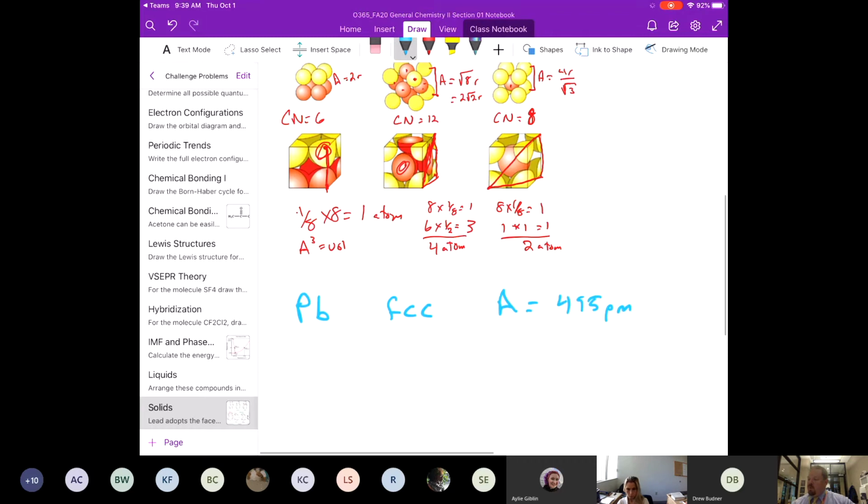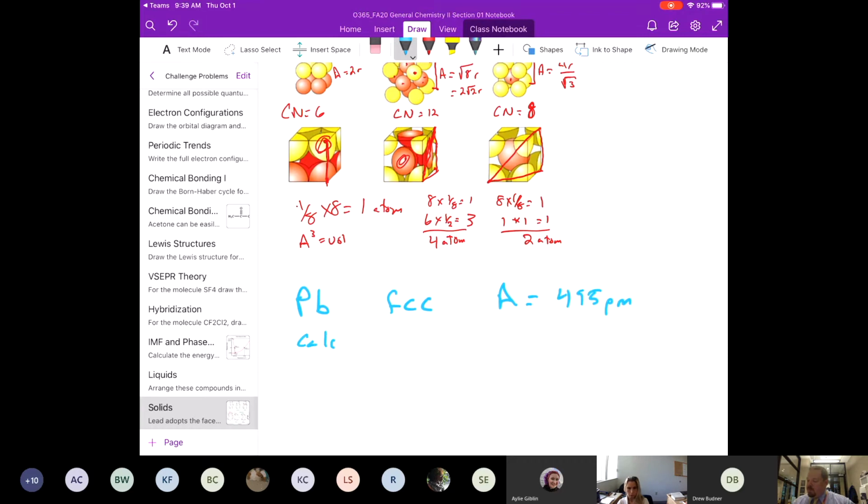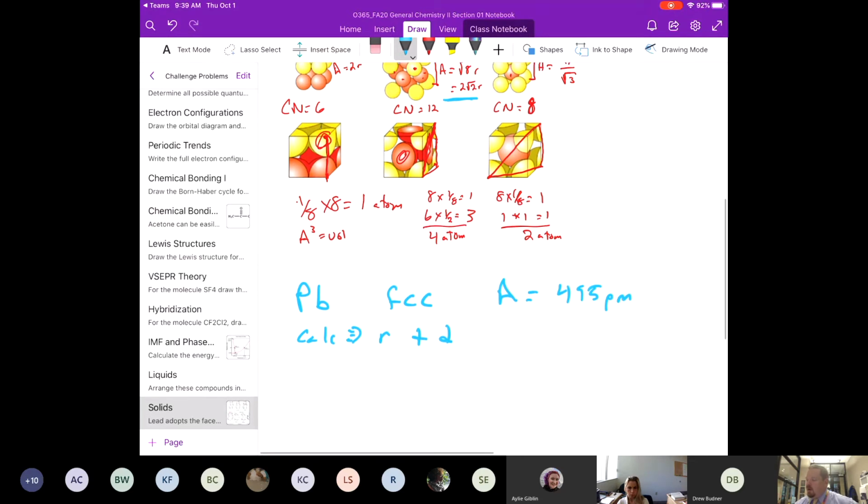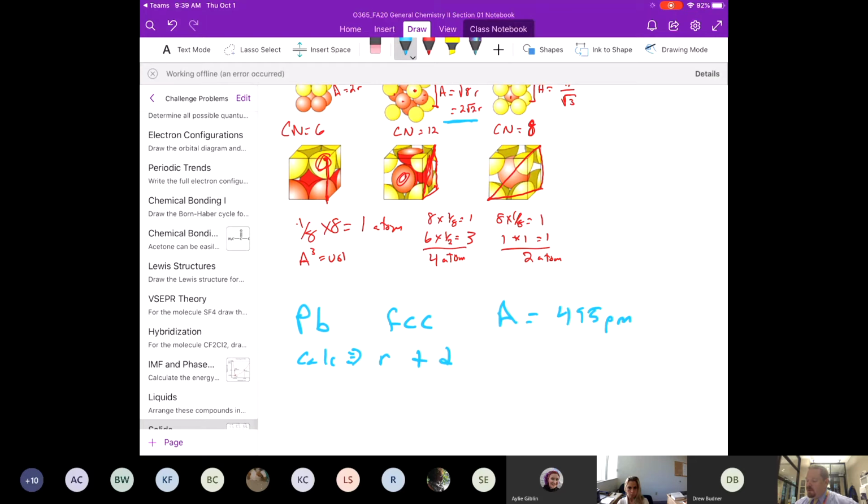So we want to calculate R and D. So we're going to do R first. If we look up here, A is related to R. So for a face-centered cubic, A is equal to the square root of 8R, right?